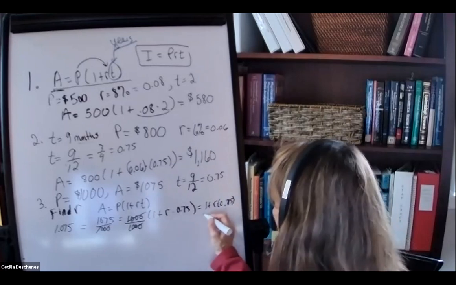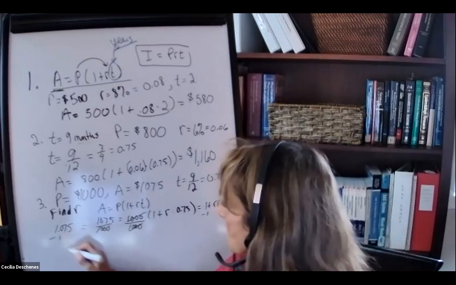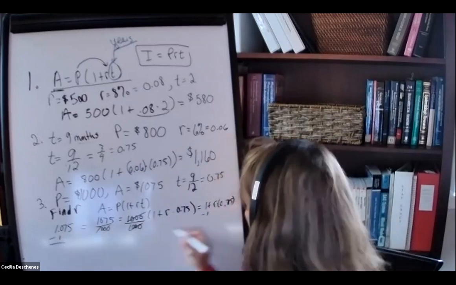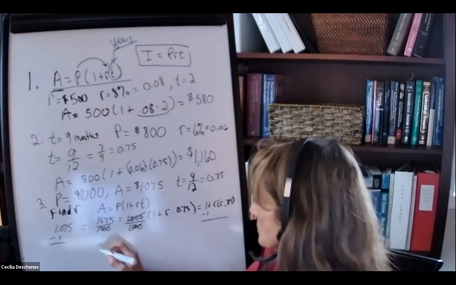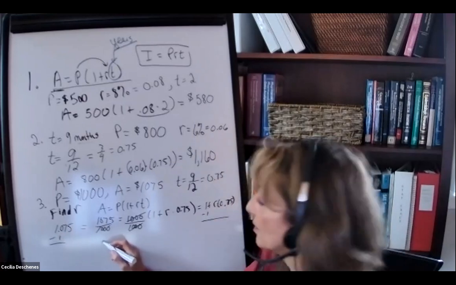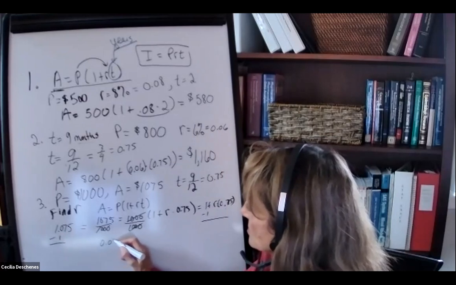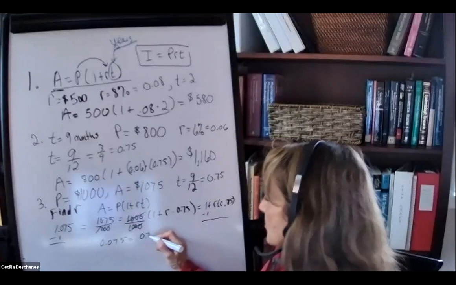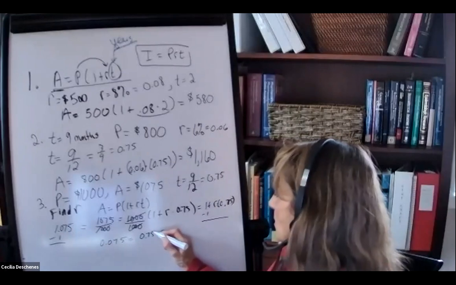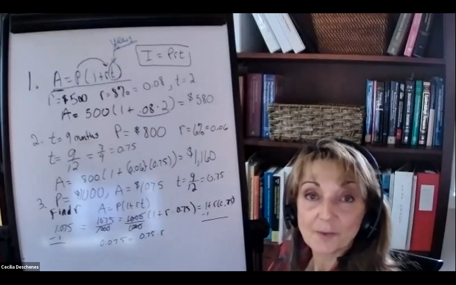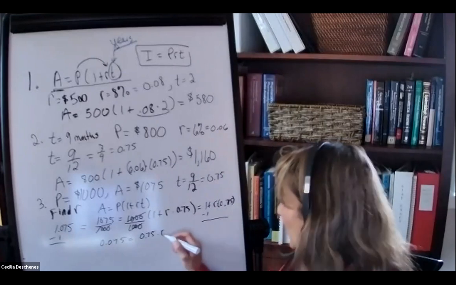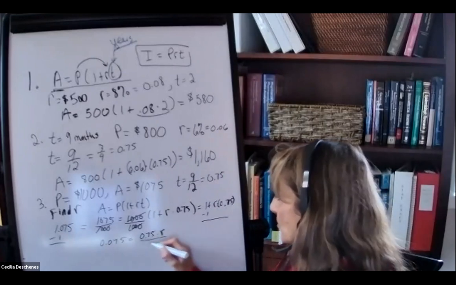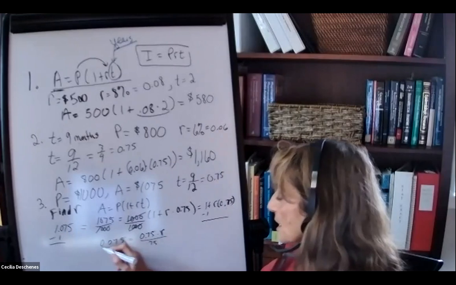Now we're going to subtract 1 from both sides, and we're left with 0.075 is equal to 0.75 times r. Sorry about the ringing. All right, so we're going to divide by 0.75 and 0.75.